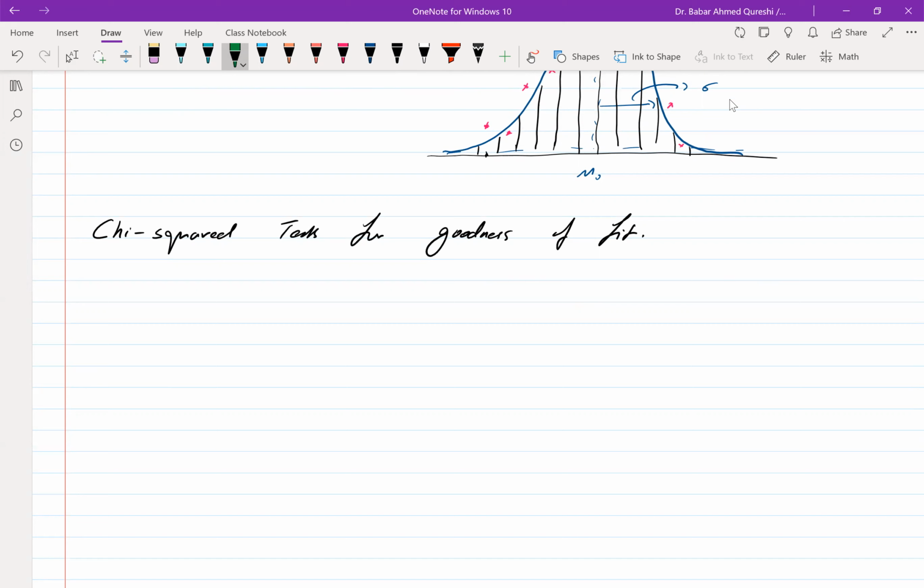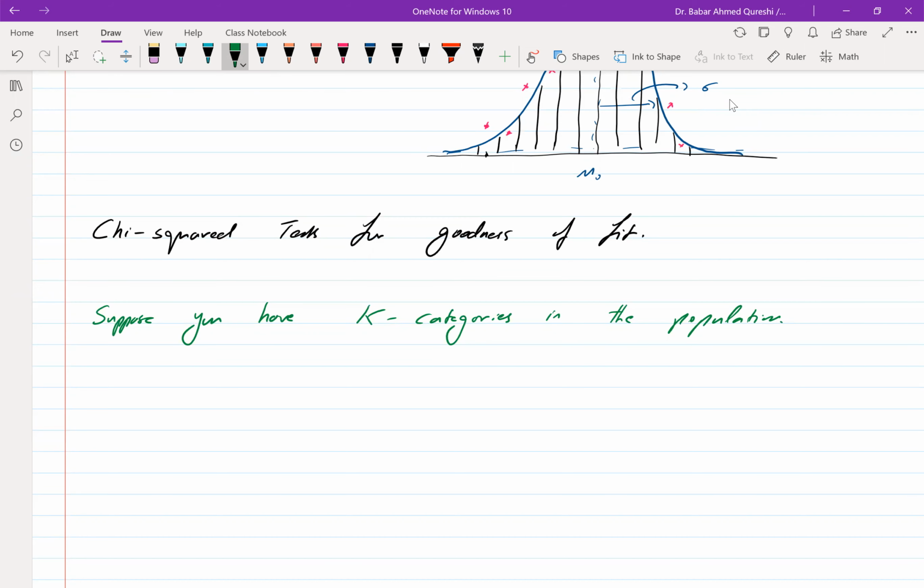So for example, suppose you have k categories in the data or in the population. So it could be any variable whose range you have divided into k bins, or it could be some attribute of the population which has k categories.